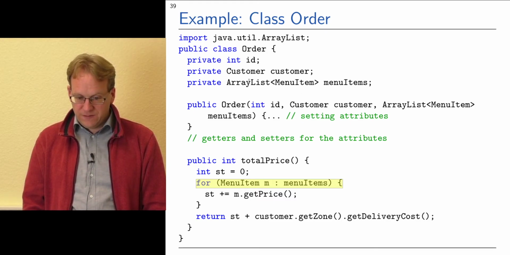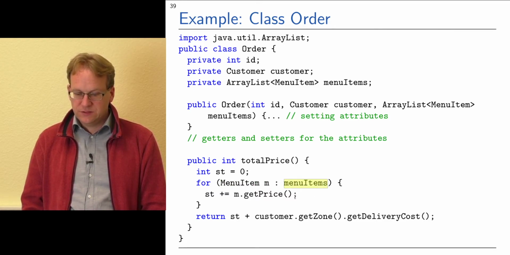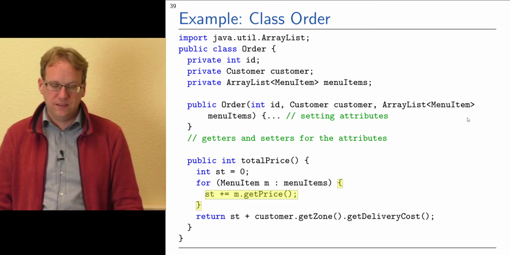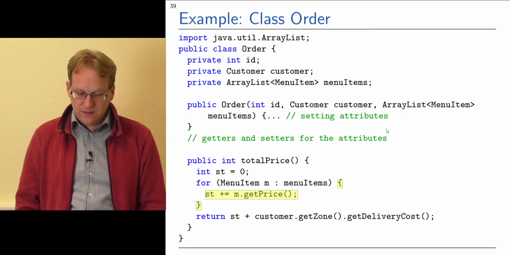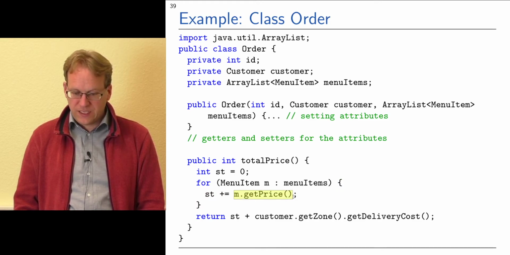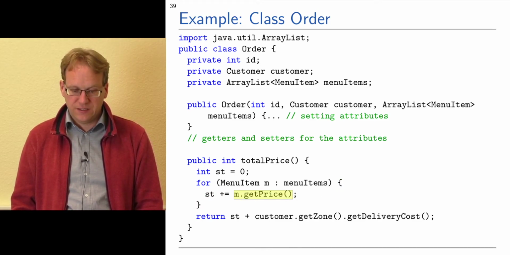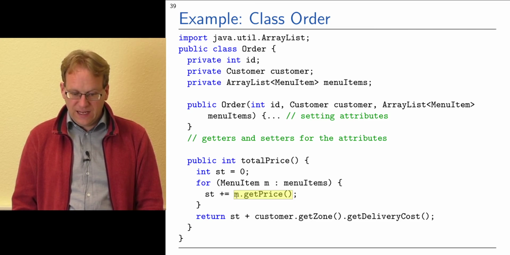Namely, we have this array list of menu items, and we say for each menu item m in the array list menu items, do the following, and the following means do everything within these curly brackets. What we do is simply take the price of our current menu item m and add that to our variable st.